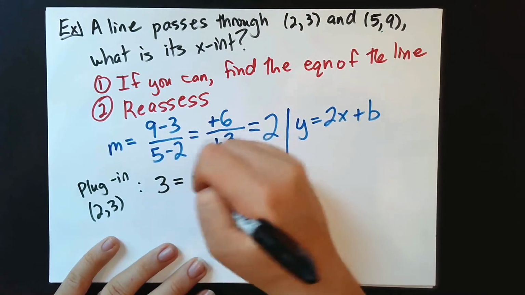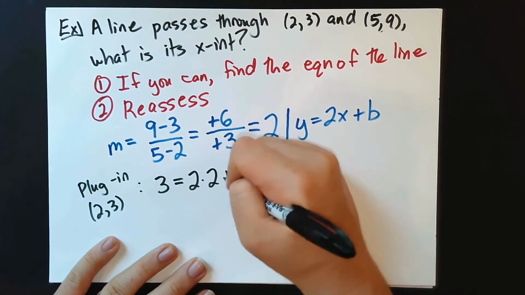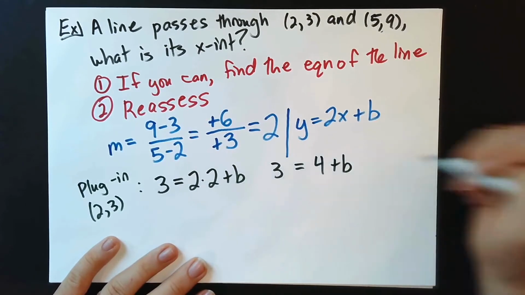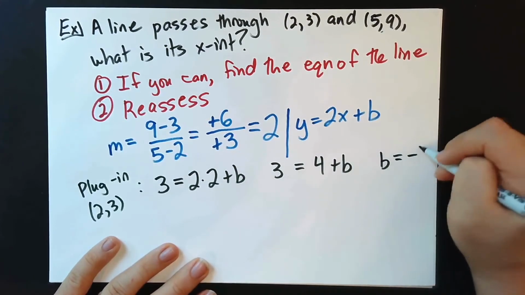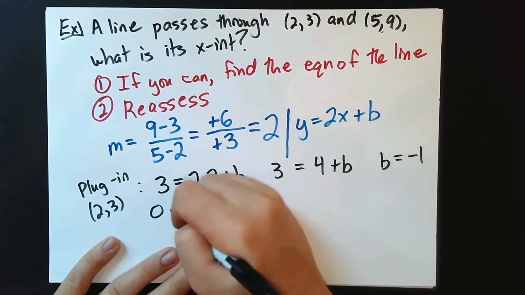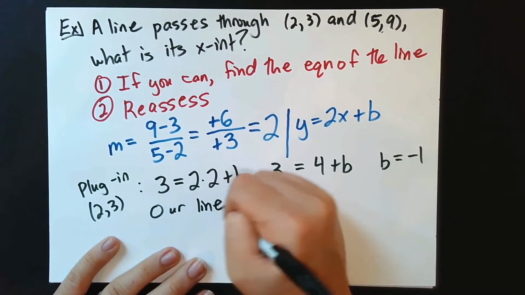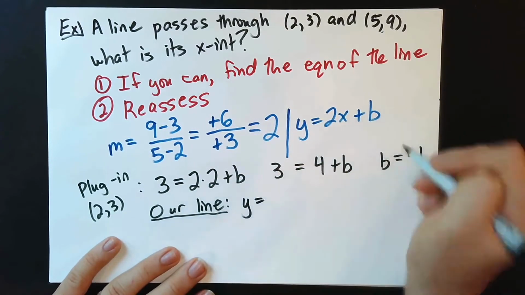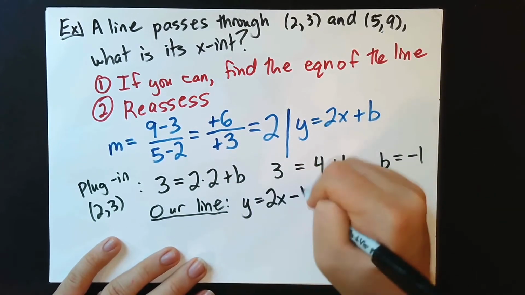So I will get 3 = 2 times 2 + b. So that is 3 = 4 + b. That tells me that b is minus 1. And so our line is y = 2x - 1.